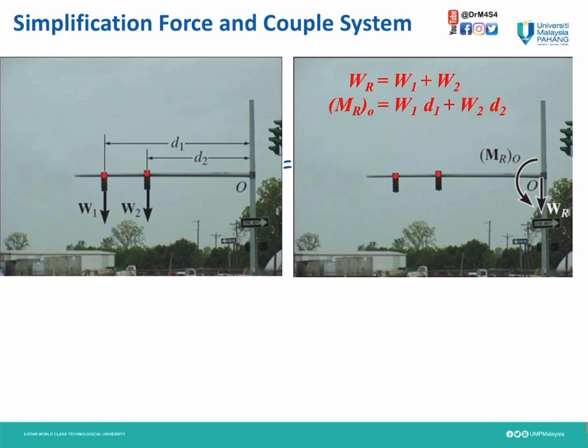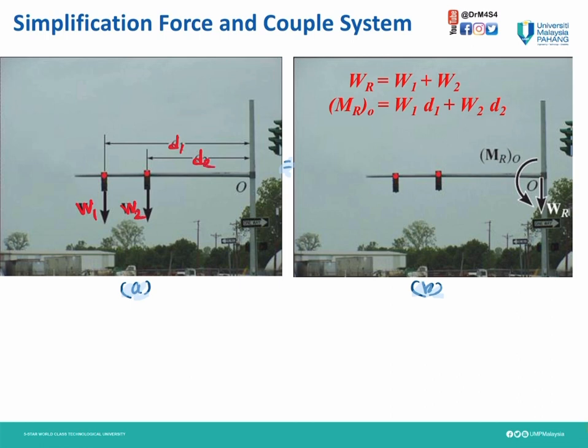Now let's have a look at this example, A and B. A is equivalent to B, where we can see on this pole we have two traffic lights, W1 and W2, at D1 and D2.